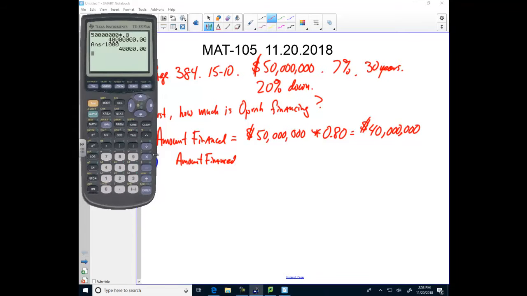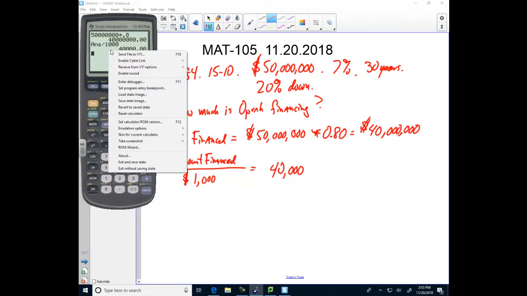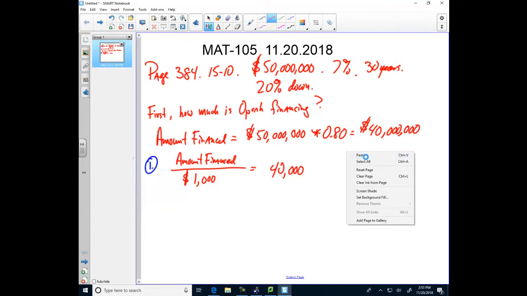We're looking for the amount financed divided by $1,000, and that's going to be 40,000, I believe. And I'm going to copy this over so you see what we did there. Make sure you count all your zeros. I think we're good. All right, so that's step 1.